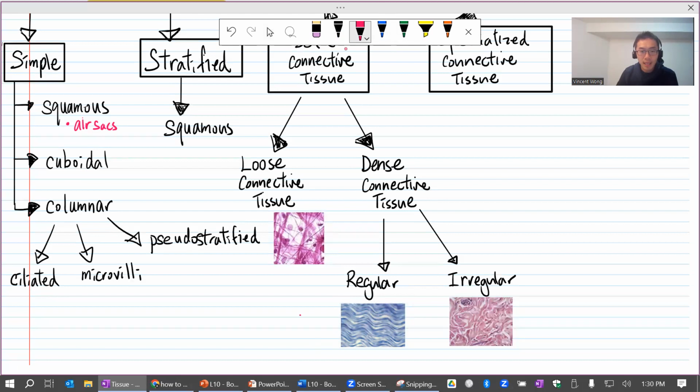I'll write down for you: tendons, which connect muscle to bones, and ligaments, bones to bones. Irregular is under the skin, and also between organs.